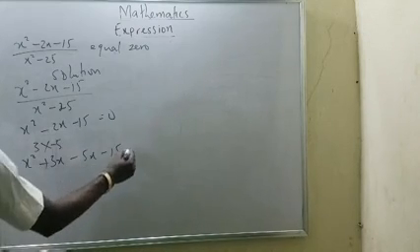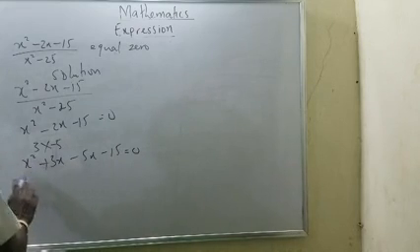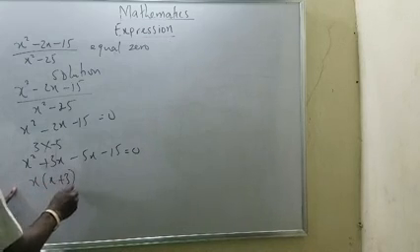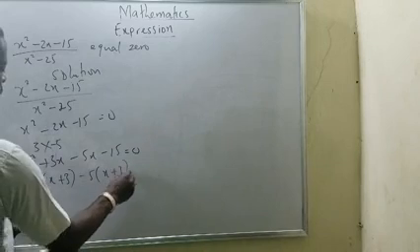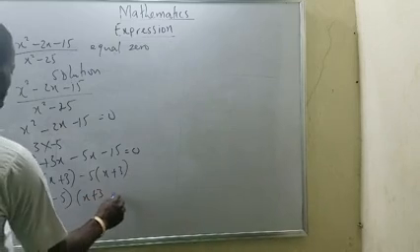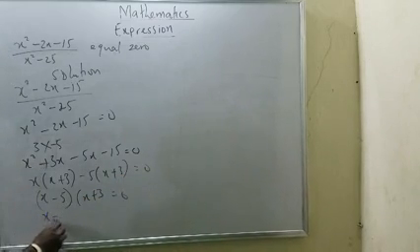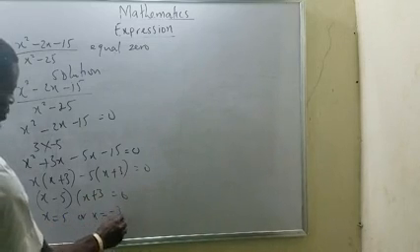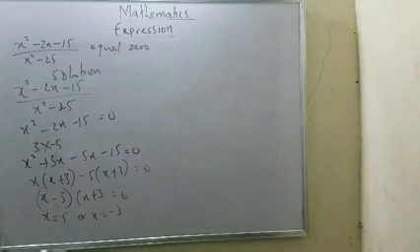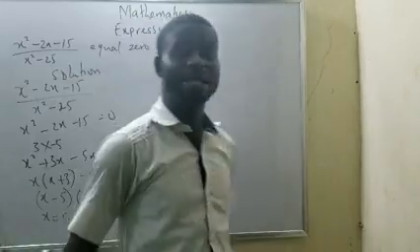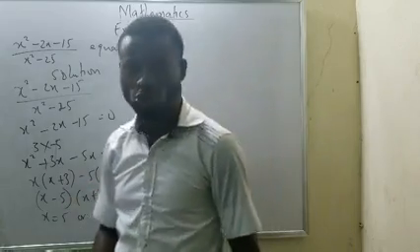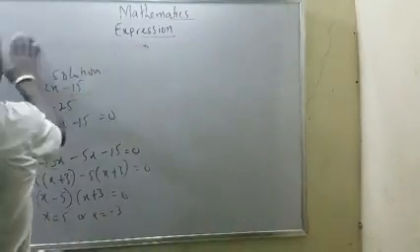Now, I have x bracket of x plus 3 minus 5 bracket of x plus 3, so x minus 5 and x plus 3 equals 0. It means x equals 5 or x equals minus 3. These two numbers will surely make the expression equal to 0. So when you hear the expression is equal to 0, it means the upper part of the expression, known as the numerator, equals 0. Now, let's move on to the next one.